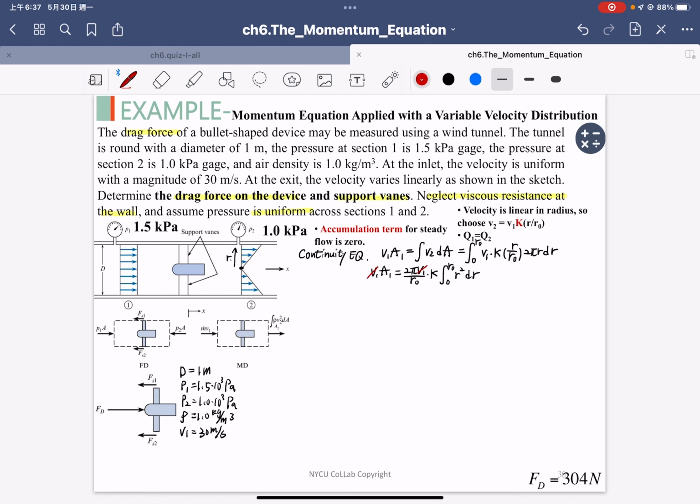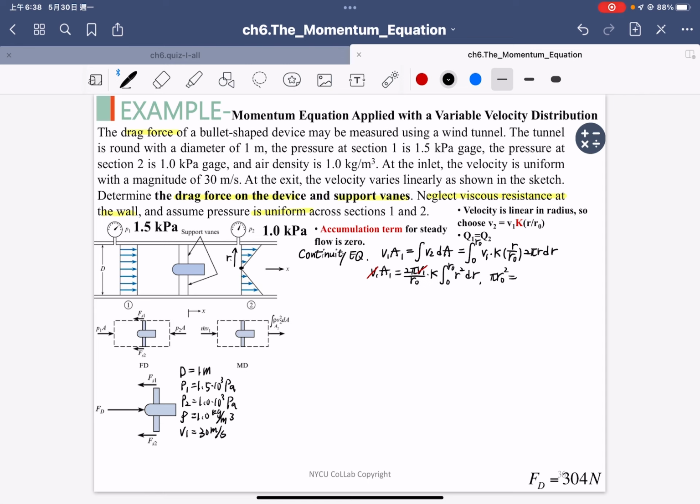Then, what is A1? The area is the same on both sides, inflow and outflow, so A1 is pi R0 squared.